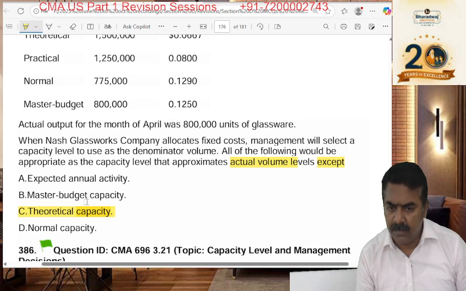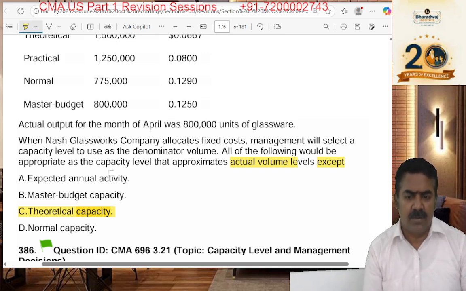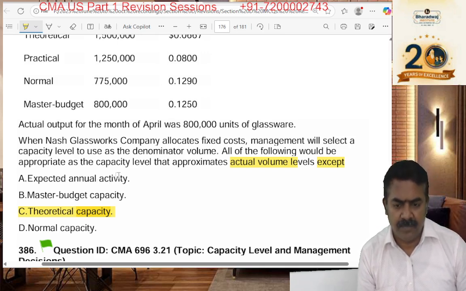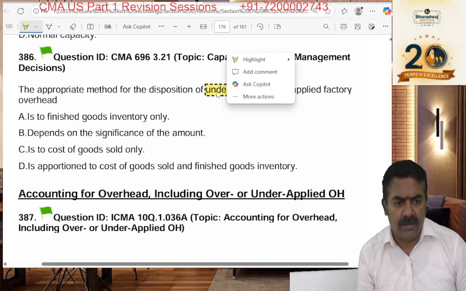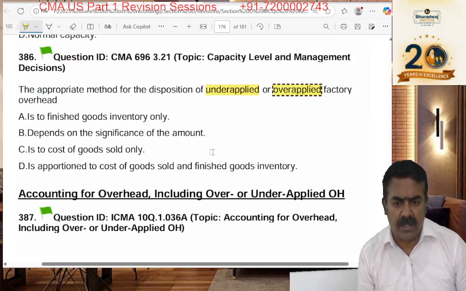Expected ROI activity, master budget capacity. A and B are the same. Theoretical capacity is the correct answer. The appropriate method of disposition of underapplied or overapplied factory overheads depends upon the amount involved.